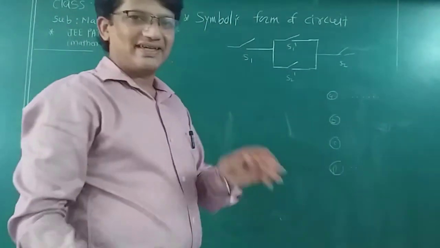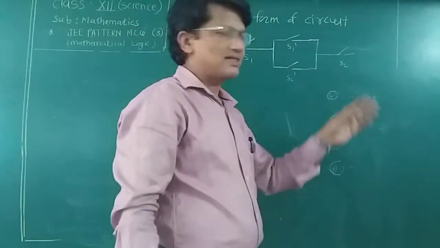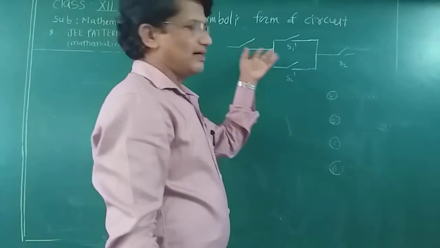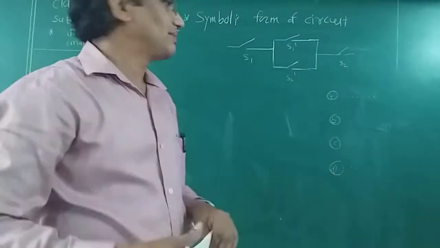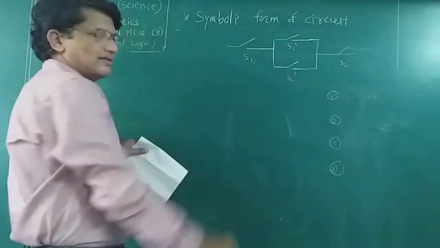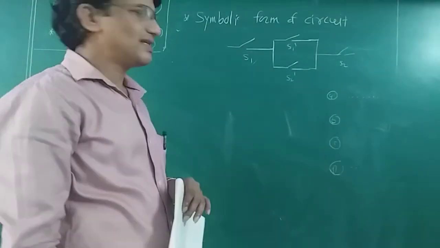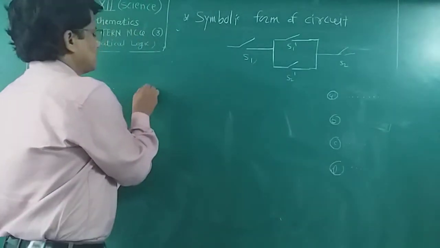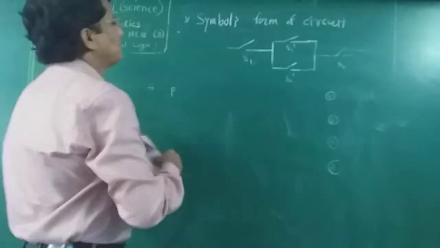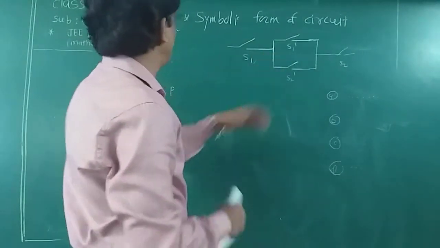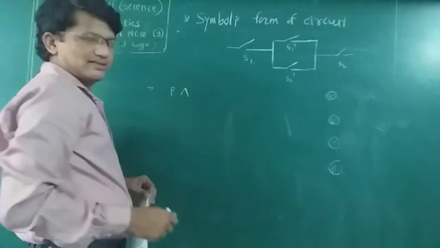Here I am not giving actual options because this type is very easy. You can also convert this into a mathematical, symbolic form. For S1 we use statement P. After S1 there is a next part, so use AND.